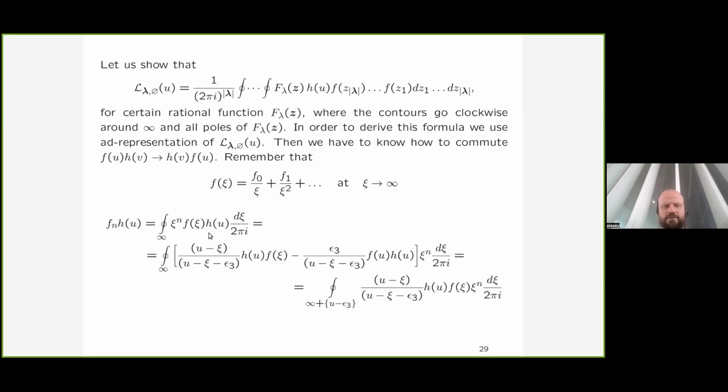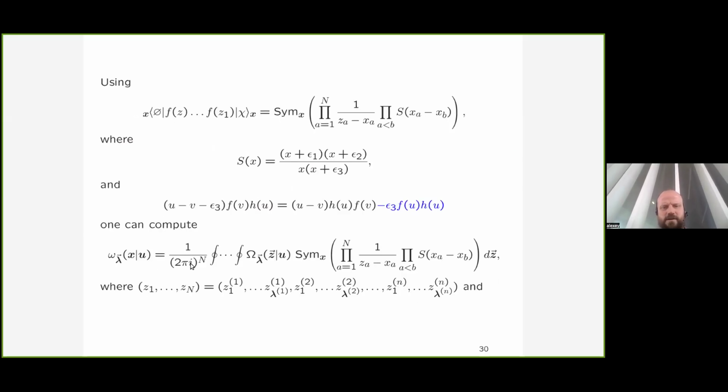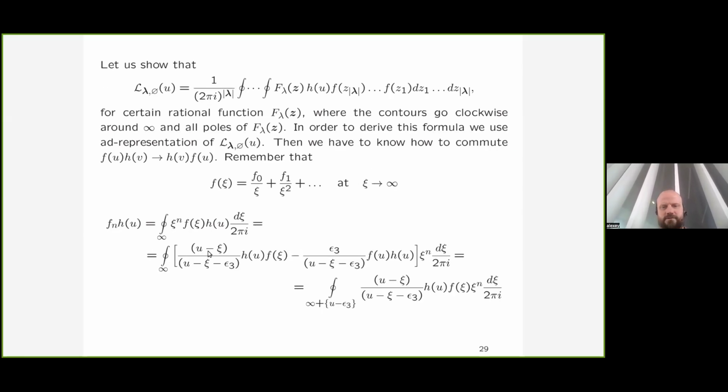But you can notice that this total expression doesn't have a pole. Let's say xi equals u minus epsilon 3. The sum of these two terms doesn't have this pole. That's why I can extend the integration around infinity and include this additional pole here. It doesn't affect this relation.